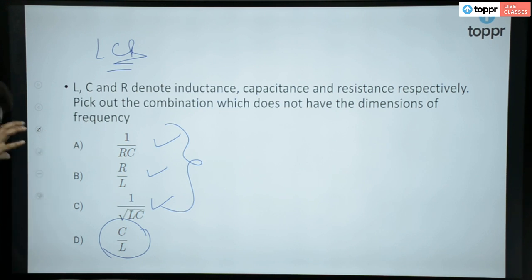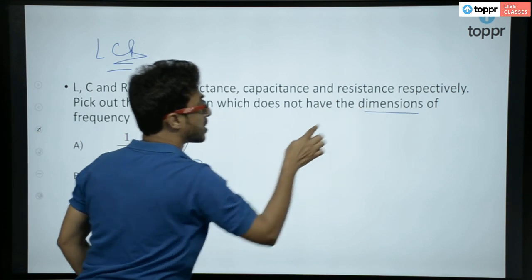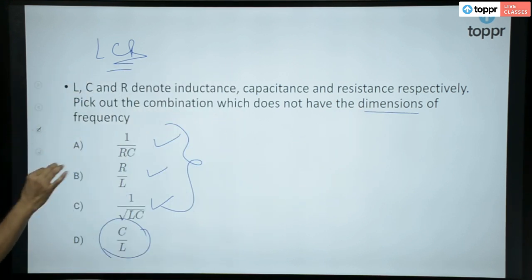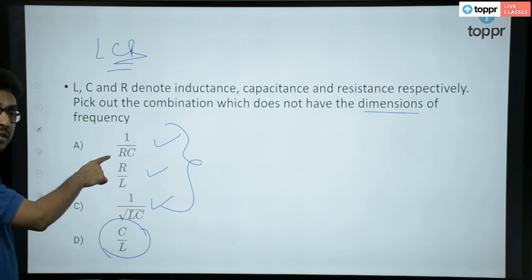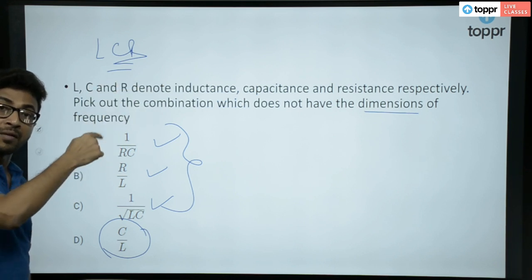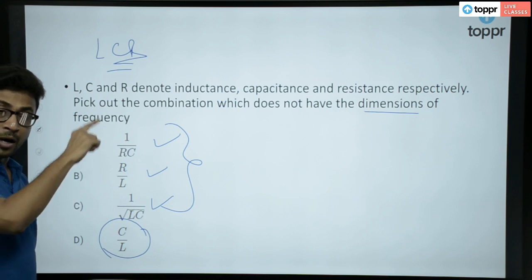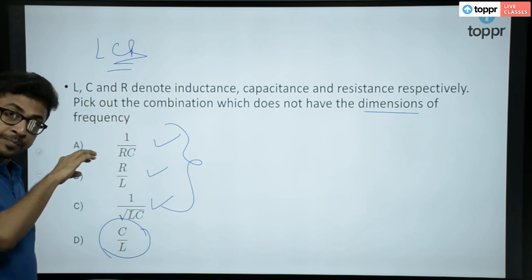To understand it better, you can also use the dimensions of each and every parameter or variable we are using. For resistance, we use voltage by current. Voltage is work per unit charge.